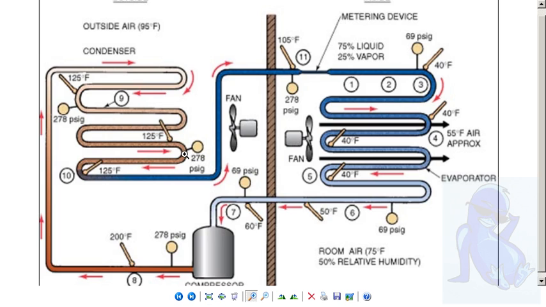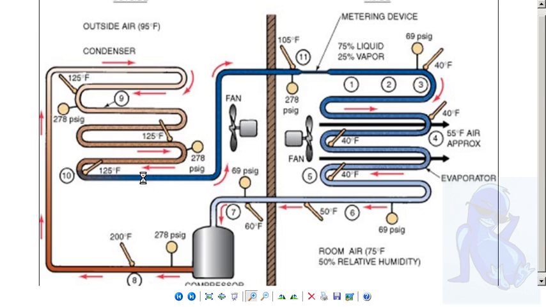It's condensing in the condenser, and when it goes through change of state, it gives off a tremendous amount of BTUs. That is the time when you're going from vapor to liquid that you're going to give up a lot of heat energy. And as that heat energy is transferred out to the outdoors, that refrigerant is going to change its state into a liquid. This is the magic of air conditioning.